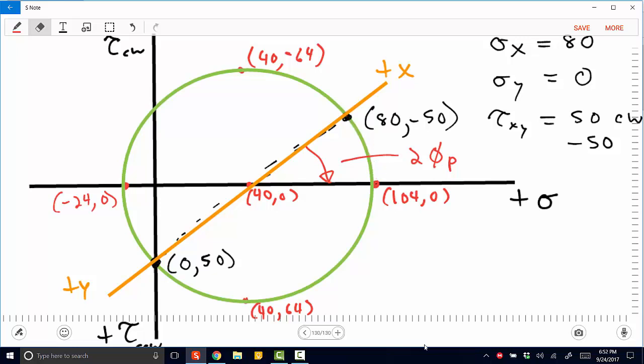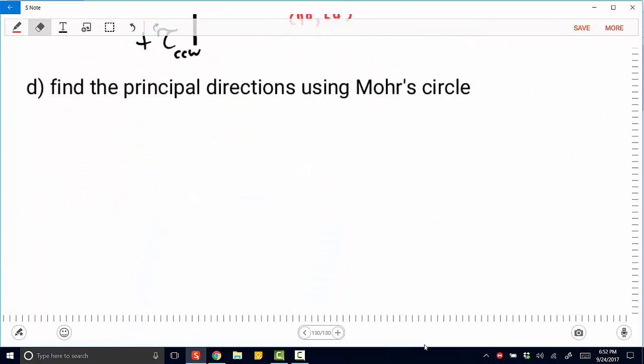But in addition to that, Mohr's circle is all geometry. We can use this geometry to figure out this angle 2 phi p. So let's take this little section here, this pie cut, and find the angle.